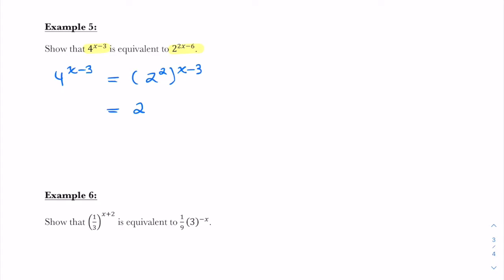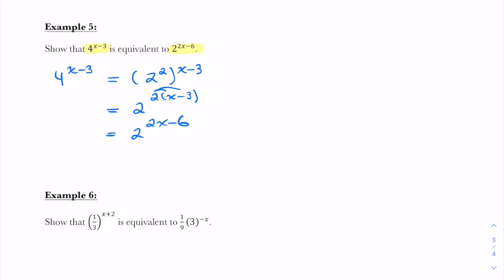Keep the base, multiply the exponents. And then as we did before, distribute the 2 in the brackets. And we've shown that 4 to the exponent x minus 3 is equivalent to 2 to the exponent of 2x take away 6.